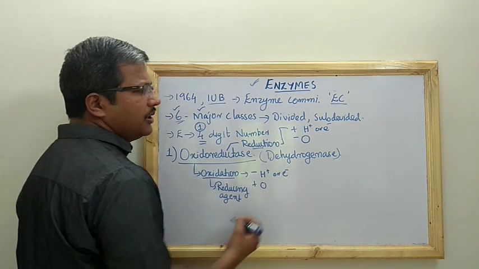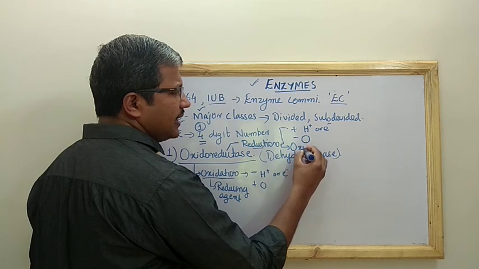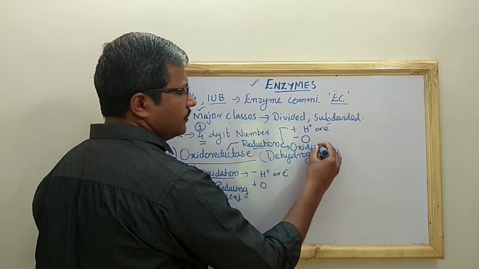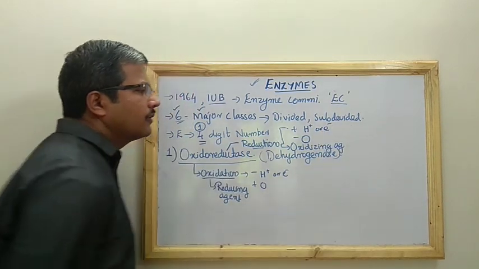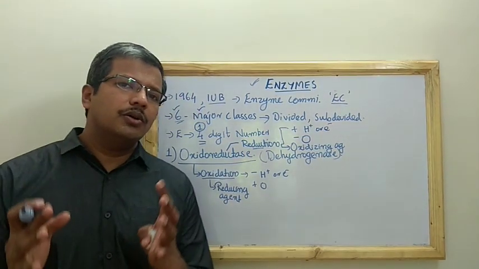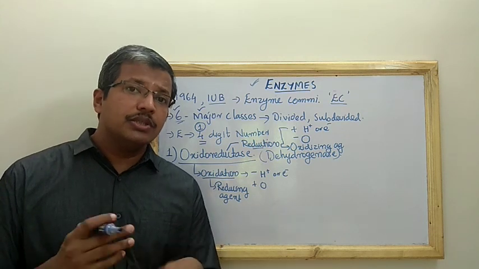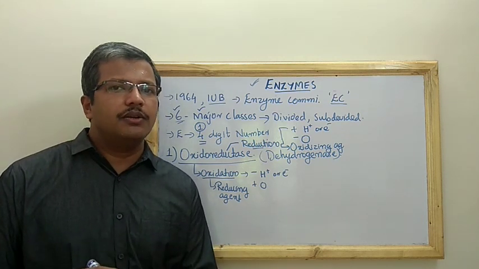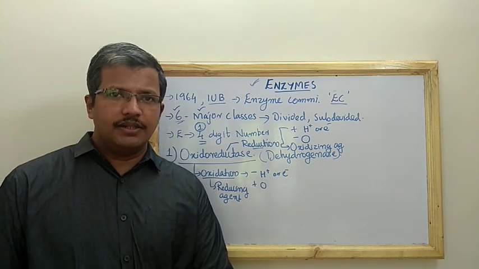And what about the other one? It will act as the oxidizing agent. So the substance which undergoes oxidation acts as the reducing agent, and the substance which undergoes reduction acts as the oxidizing agent.